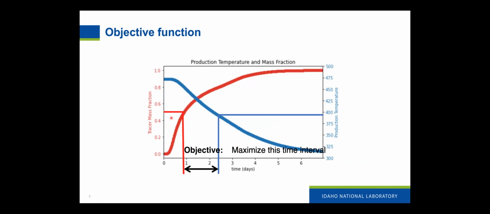The tracer mass fraction plot is towards the left-hand side axis, and the temperature plot is on the right-hand side axis, and the x-axis is the time in days. So the time difference between these two breakthroughs is what we considered as our objective function for these sensitivity simulations.